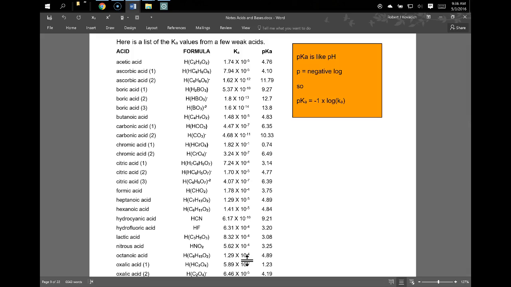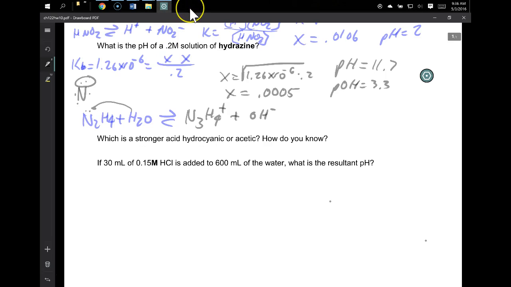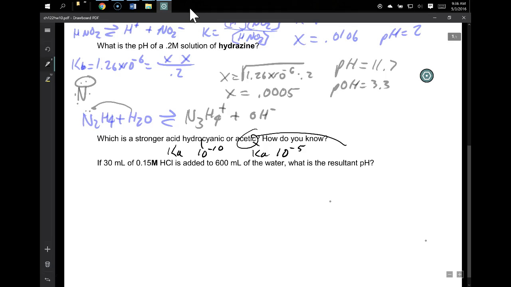So the hydrocyanic is actually 10,000 times weaker than the acetic acid is. So this guy has a 10 to the minus 10 Ka, and this one has a Ka of 10 to the minus 5th. So acetic is much stronger.